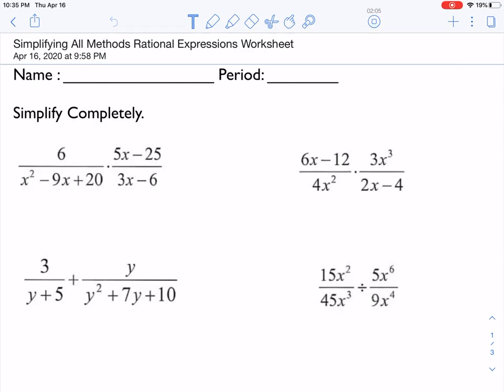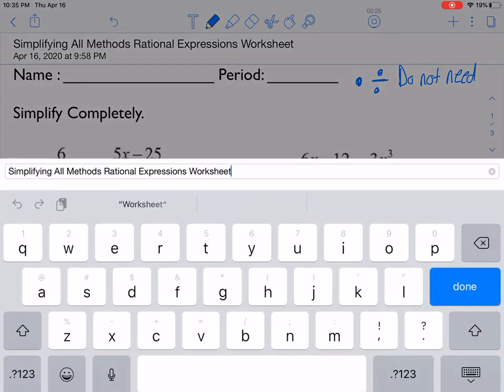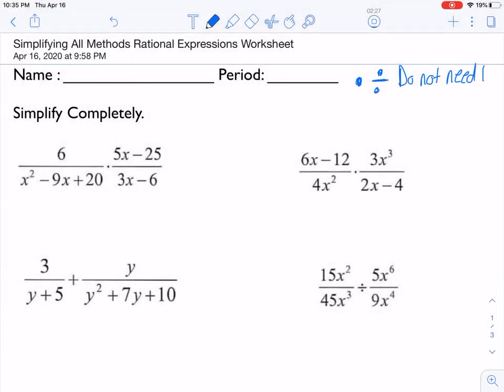Like we talked about, adding, subtracting, multiplying, dividing. So a couple things you're looking for. If you see in between the fractions a dot for multiplication or a division sign, you do not need to find the least common denominator, okay?